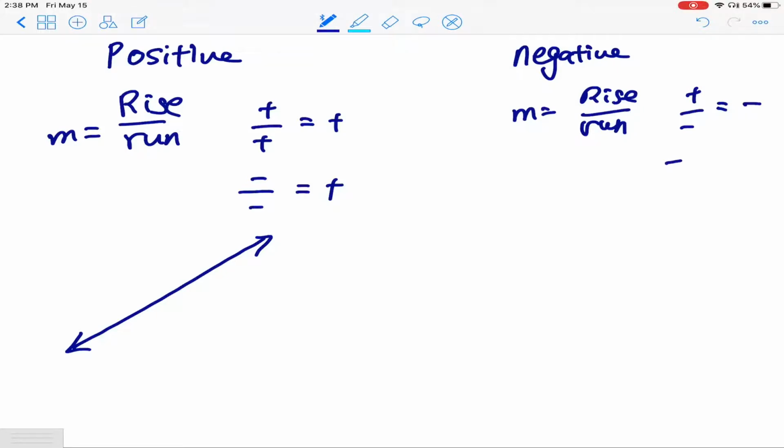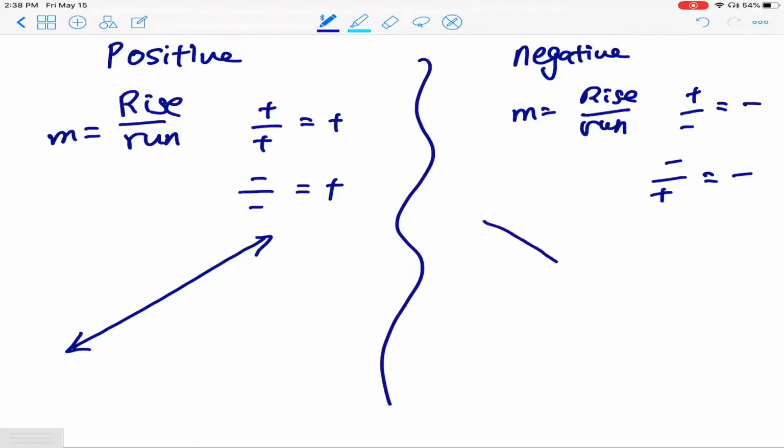And then negative for the rise or positive for the run, meaning going down and then going to the right, will also yield negative for the slope because negative divided by positive is negative. And because of this characteristic, the negative slope looks like this. So the positive goes up as you go to the right, and negative is the other way around.